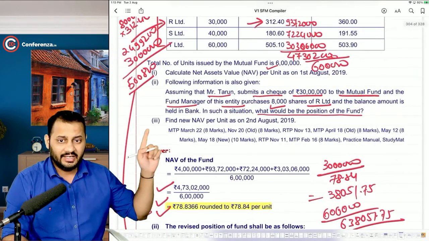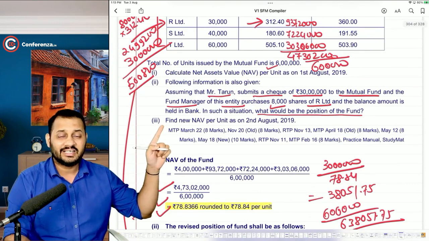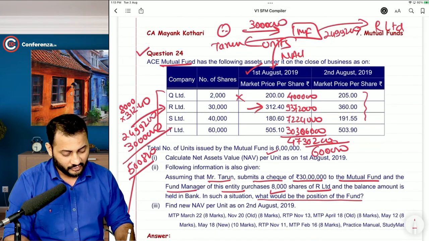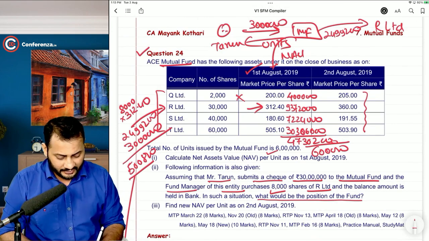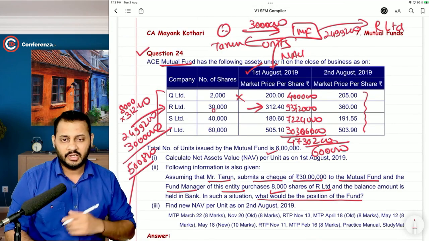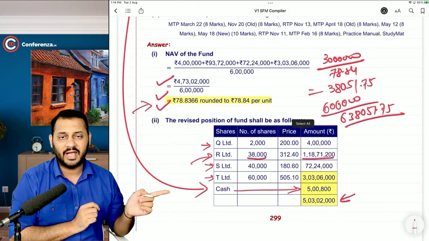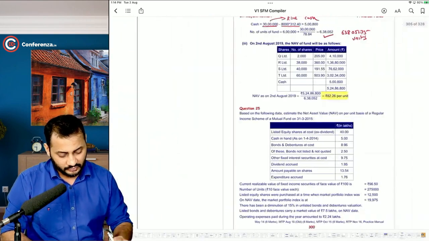Now find out the new NAV per unit as on 2nd August 2019. The very next day the prices of all the shares have changed, and the only thing you have to do is make this 30 to 38,000, multiply it with the new prices and add the cash balance that you have now before calculating the net assets. So it's very simple.